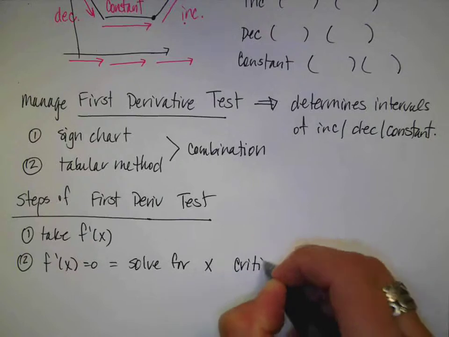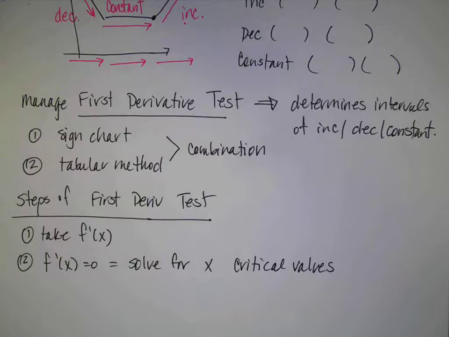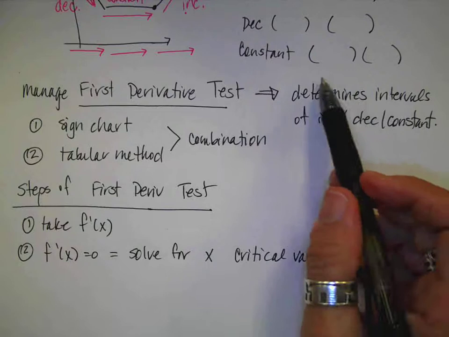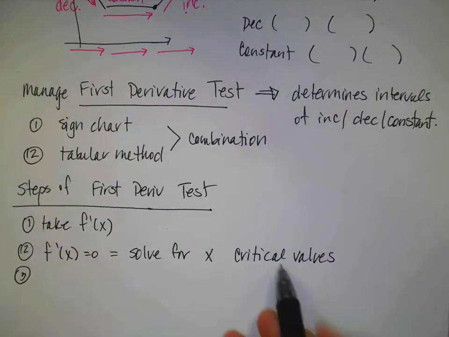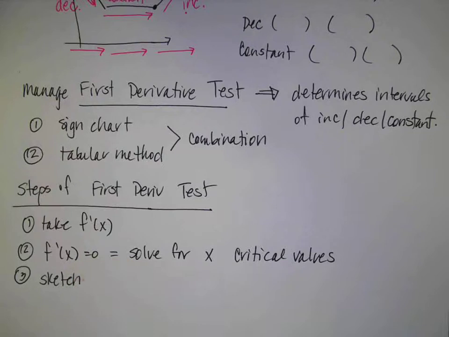And if you'll remember, these are called the critical values. Okay? And we're going to use those to help us determine the intervals of where things are increasing, decreasing, or constant. Once we know what our critical values are, I would say that you should sketch it because I think it helps to not make silly mistakes.